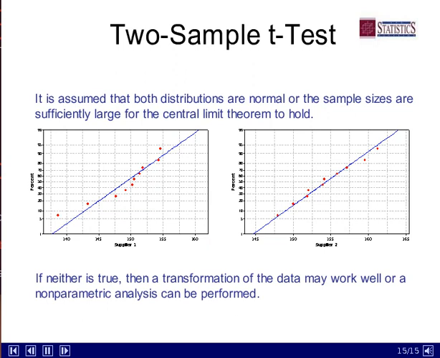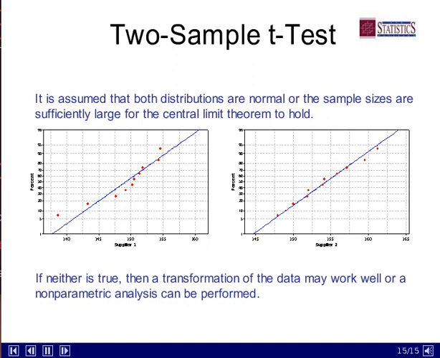If neither is true, variances are not equal and we do not want to use the approximate test, or our data is not normally distributed, then the most common solution to that problem would be to use a transformation. So to transform both columns of data into a different scale that the assumptions are met on, and then do our analysis there.